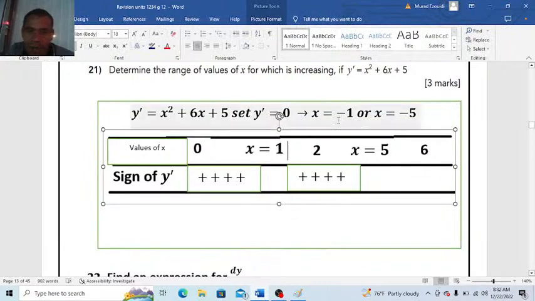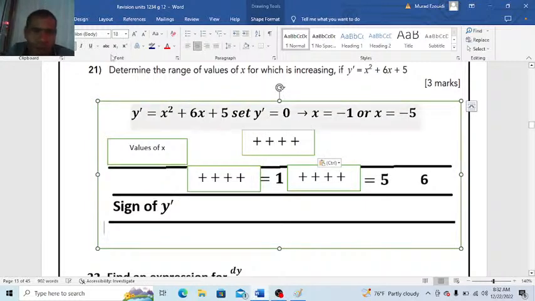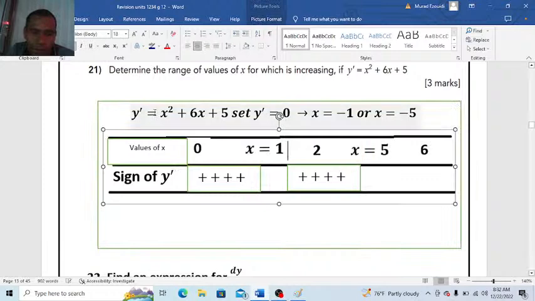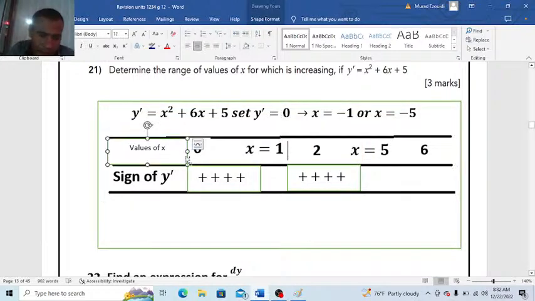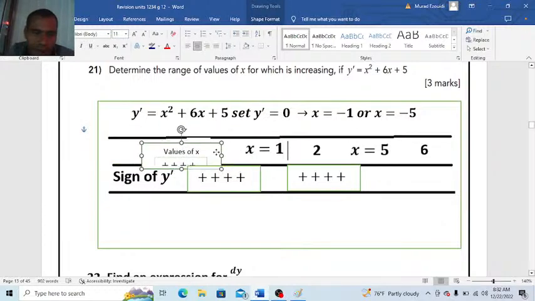I will substitute with minus 1. So this one, learners, is the value of x, which is negative.